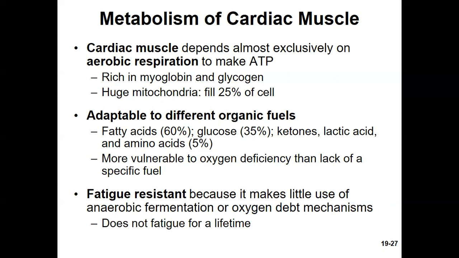So this is how the breakdown looks as far as how the cardiocytes function and how they get ATP, or how they get energy to function. So fatty acids are going to produce most of the fuels, the organic fuels, then glucose, then you have your ketones, lactic acid, and amino acids.